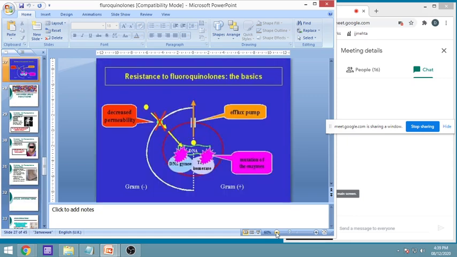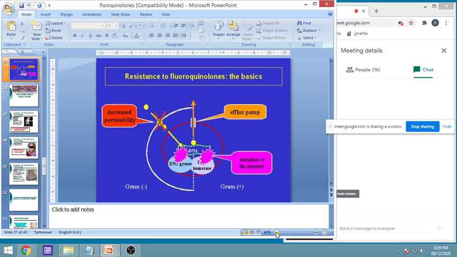So there are various mechanisms. One important mechanism is a decrease in permeability, because for action the drug has to get inside, first through the cell membrane, and from the cytoplasm it has to reach the nucleus, where it acts on important enzymes like DNA gyrase or topoisomerases.